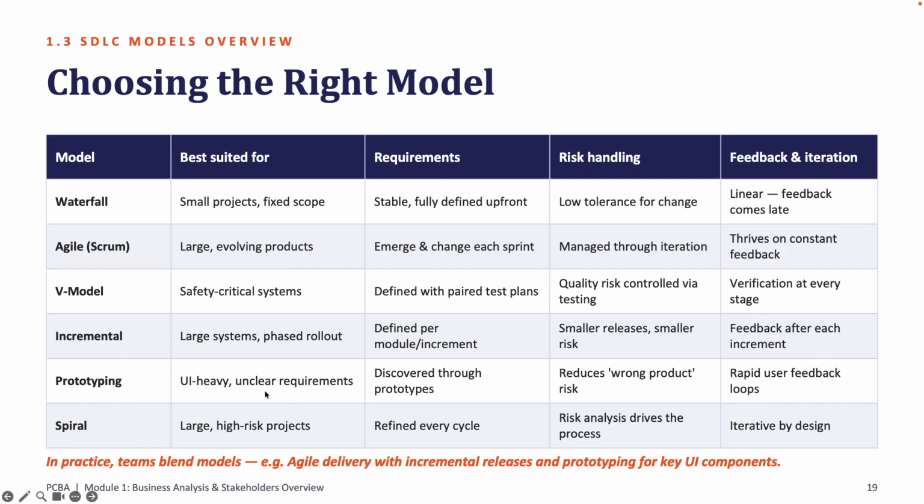And then just to finish on Spiral, why isn't Spiral always listed with the others? You'll find that most of the companies are not listing it with the others. One, you'll notice that the Spiral model is better understood as a meta model. So it's more on risk management wrapped around the other models rather than a self-contained software development cycle like Waterfall or Agile.